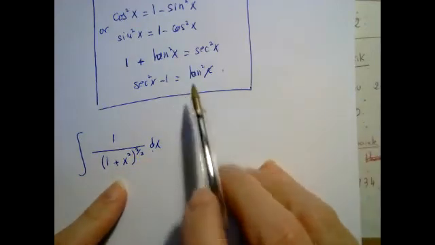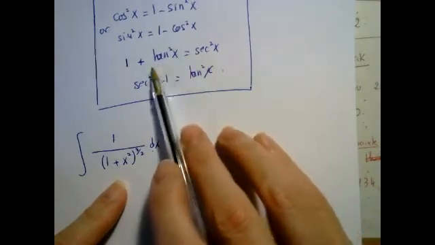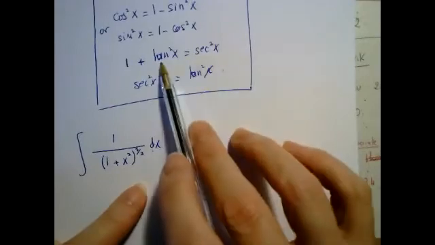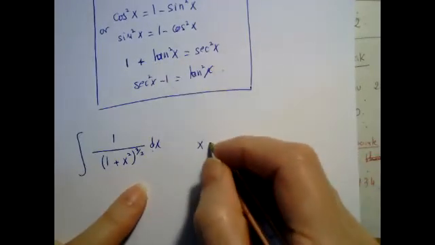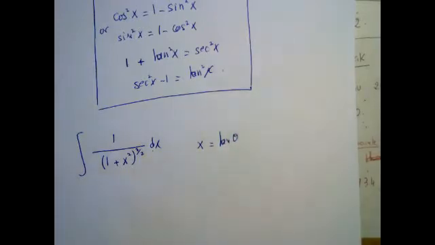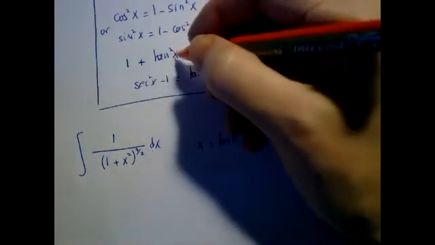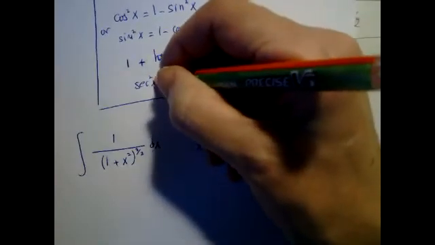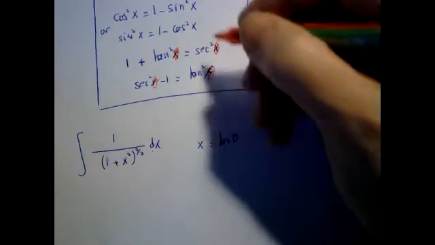I usually look at which substitution will create a square. So it's this piece, so x equals tangent theta. Actually I should have written theta here, not that it matters, but theta will be a little bit less confusing for you. If you guys are writing, you can change it to theta.